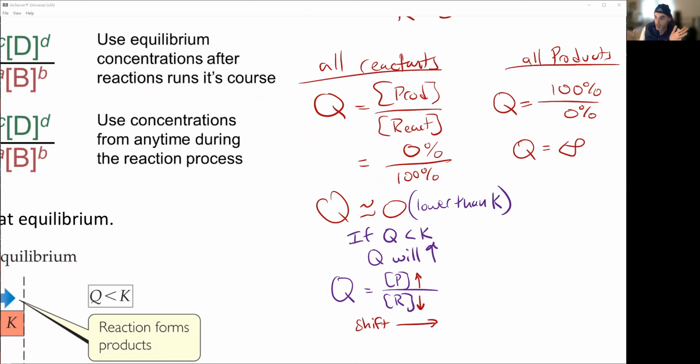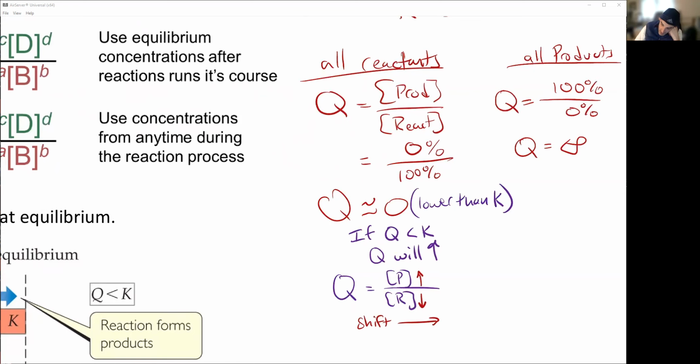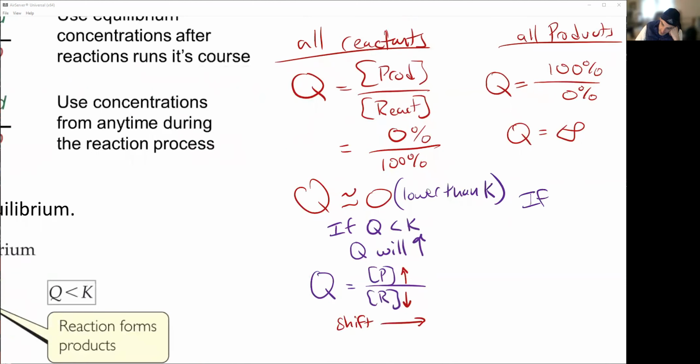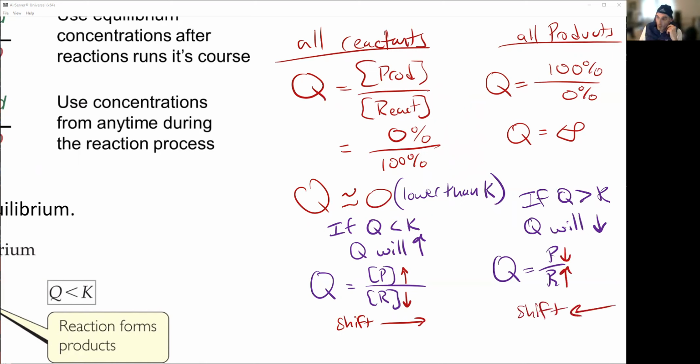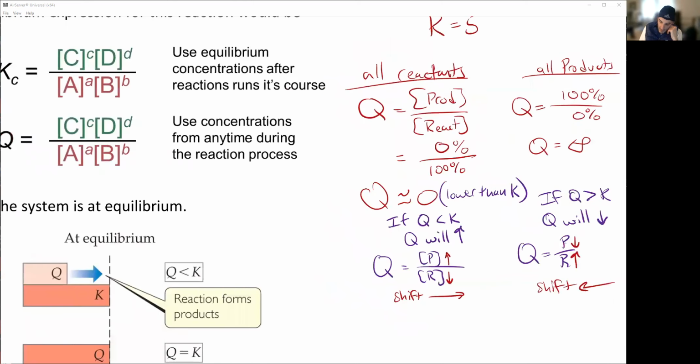What that means is if Q is greater than K, then Q will decrease. In order for Q to decrease, I need products to go down and reactants to go up. That means we are going to shift to the left, away from products.